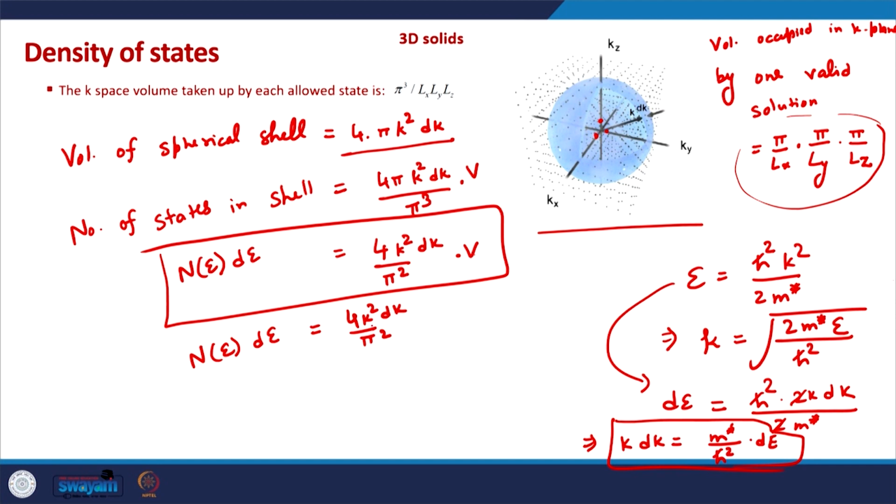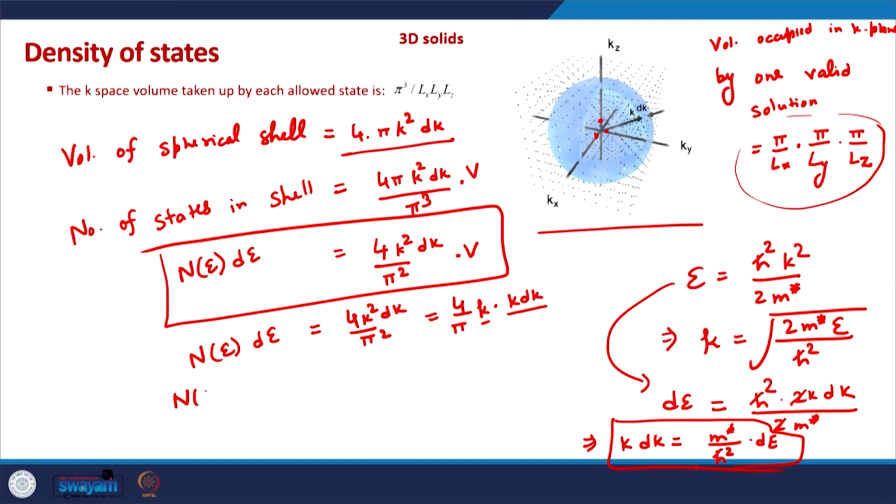So, in place of k square dk, we can write k times k dk, and this k dk value can be taken from here, and this k value is this.